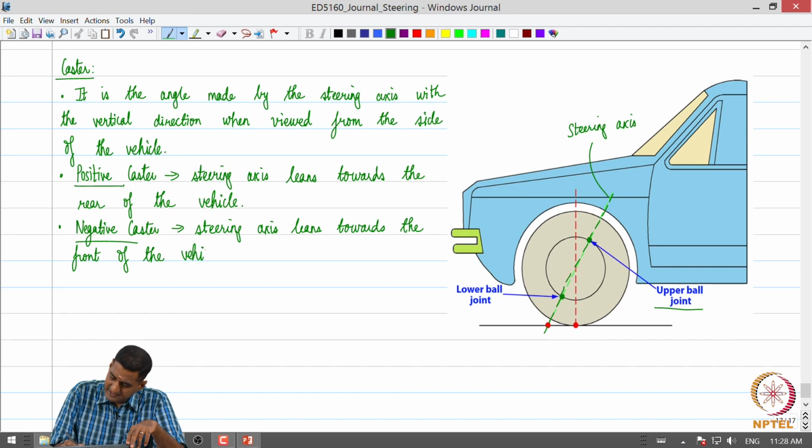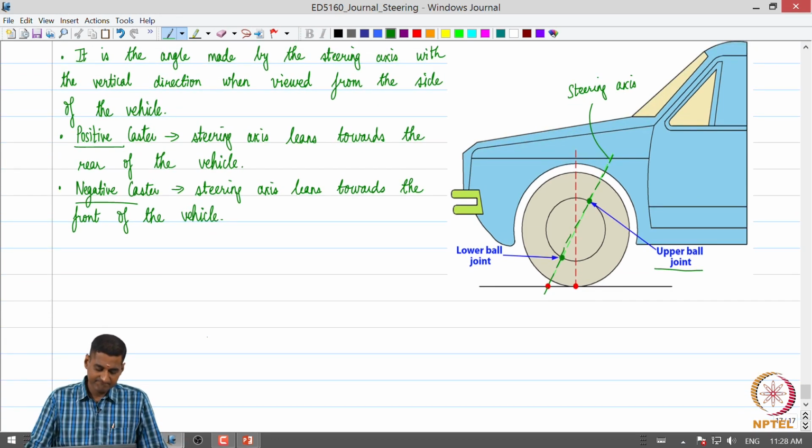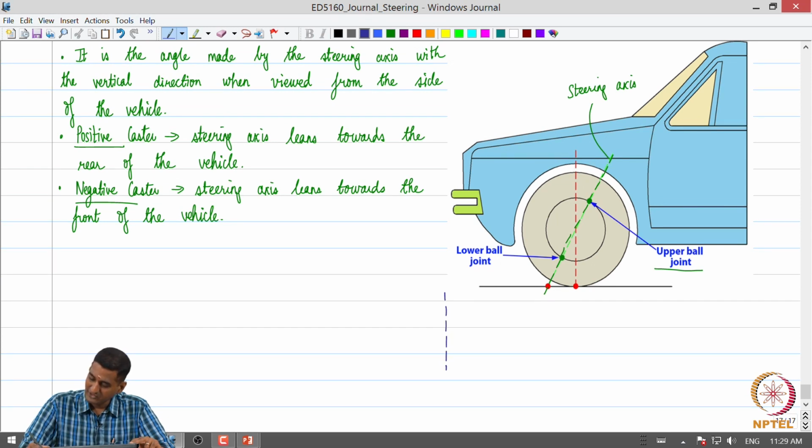So, what is the impact of caster? Once again let me draw a very simple schematic and explain. Suppose a vehicle is taking a turn, and this front wheel is steered. So, say this is the longitudinal direction axis and this is the orientation of the steered wheel.